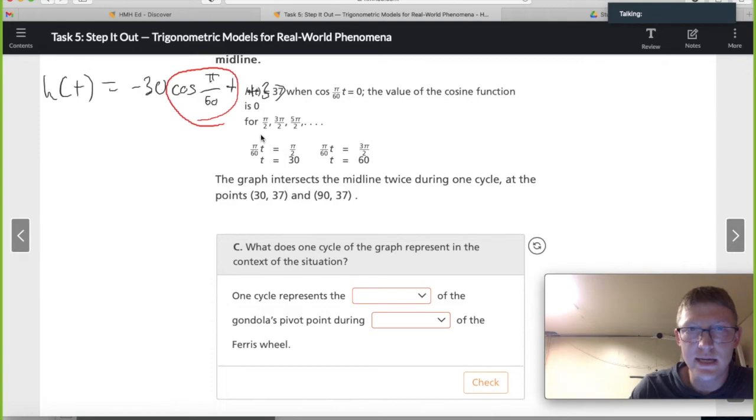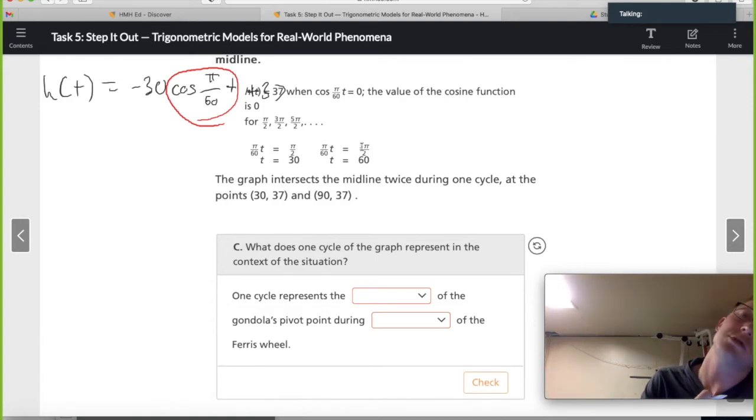So they did when pi over 60 times t equals pi over 2, because that's when cosine hits 0. Then they did some algebra, got t equals 0. Then they did the other one, if you keep on going. So that's whatever 180 plus 90 is, so like 270 degrees or negative 90 degrees.